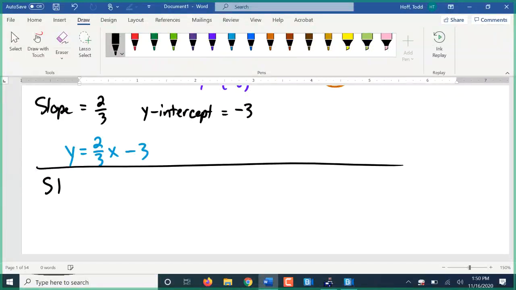Generally, we're not given it quite that handily. We might be told we have a slope of -1/4, and the line goes through the point 8,3.